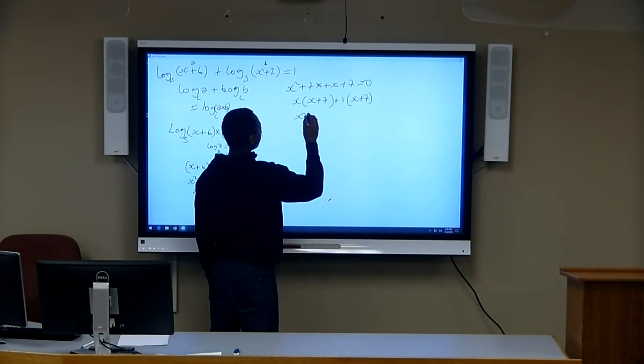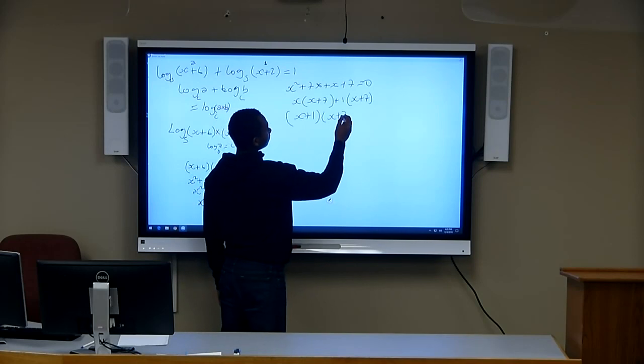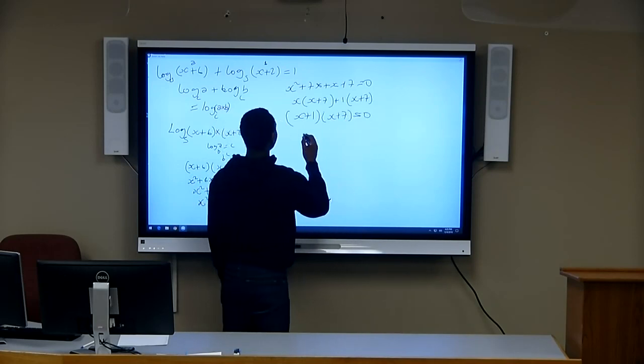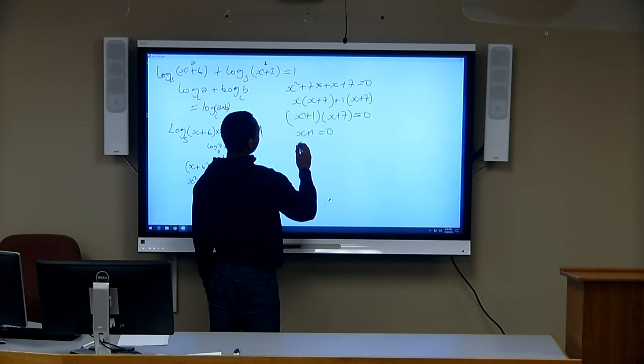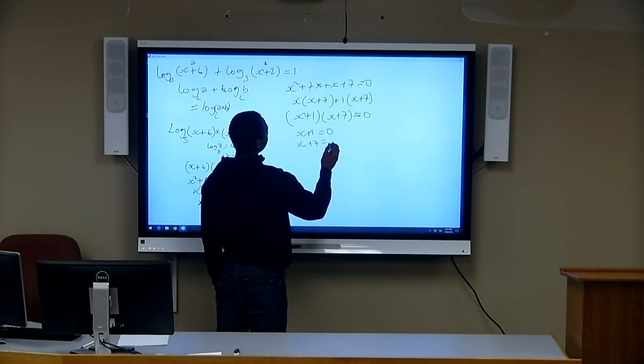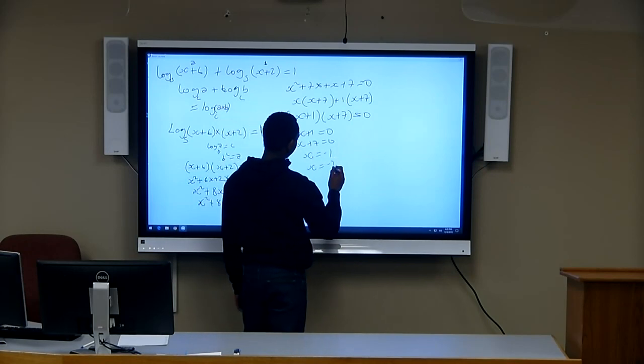So this is going to be x plus 1 times x plus 7 is equal to 0. So x plus 1 is equal to 0, and x plus 7 is equal to 0, which gives x is equal to -1 and x is equal to -7.